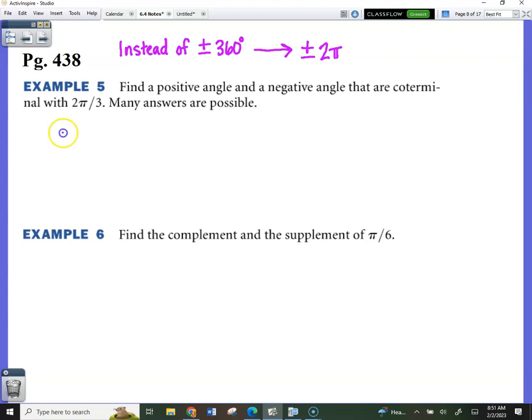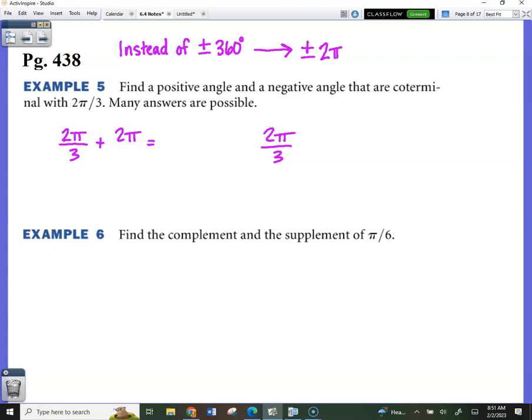So our angle that they give us is 2 pi over 3. They want a positive and a negative. Well, it's already positive, so if I want to keep it positive, I'll add 2 pi. This is where if you're not comfortable with getting a common denominator, don't you dare write 4 pi over 3.